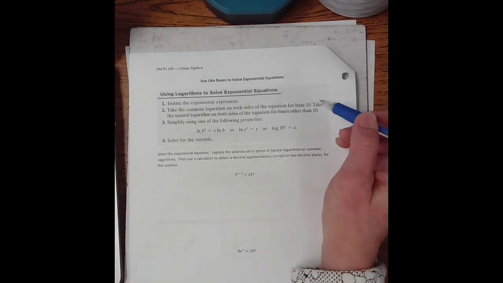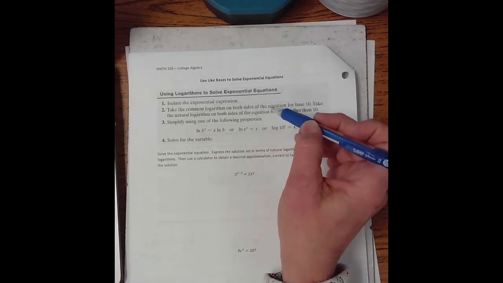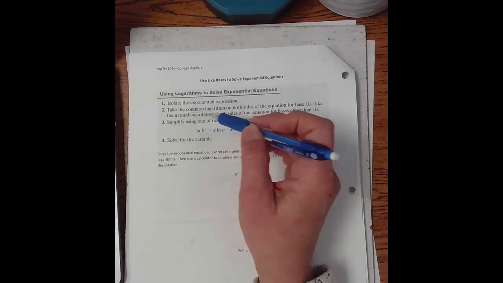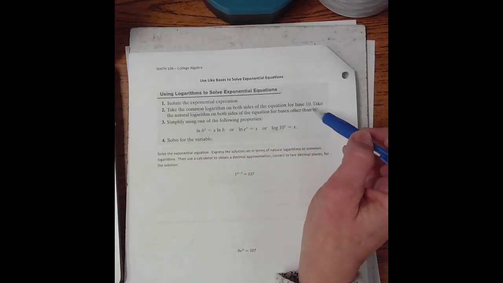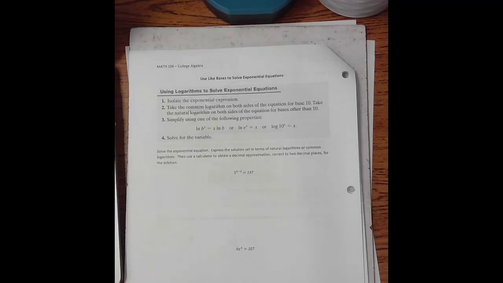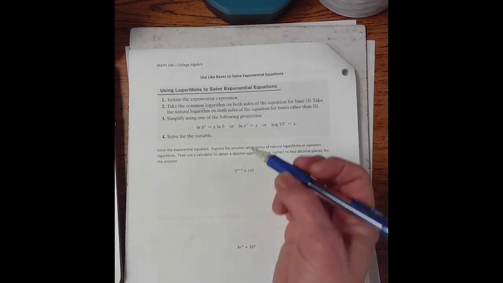Then we're going to take the common log, in base 10, or the natural log on both sides of the equation, and then we're going to simplify it. You could actually take the log of both sides just as long as you keep them the same. We're going to do the first one both ways, but you should get the same answer.